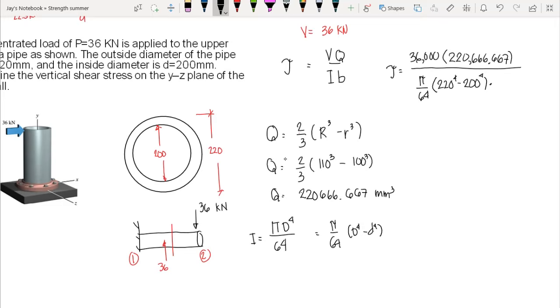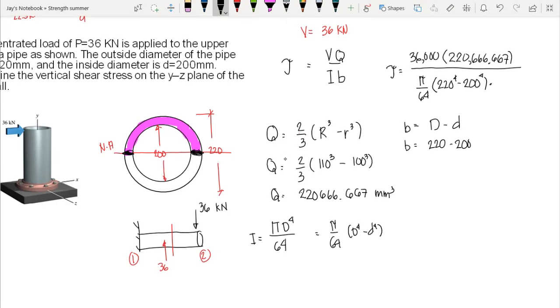Now we have the average shear stress, which is at the neutral axis. The base here is the shear area, and since our shear area is this one, our base is this one and this one here. The base is equal to the diameter minus the smaller diameter, so 220 minus 200, because this is the one we're looking at, this one and this one.